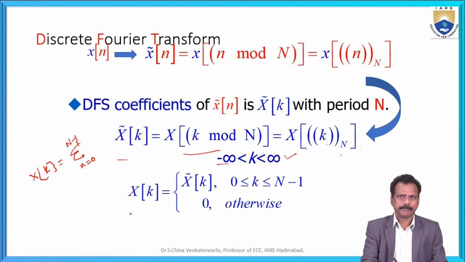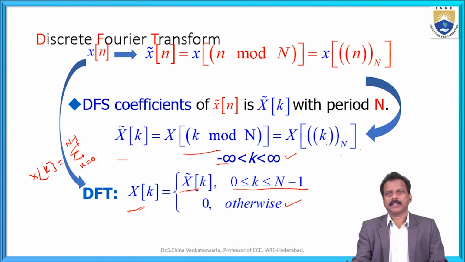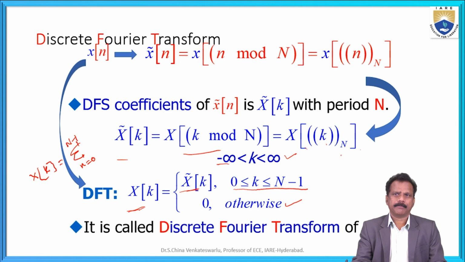X(k) is equal to X̃(k) over the interval 0 less than or equal to k less than or equal to N minus 1, and 0 otherwise. With this we consider the DFT, which is called the discrete Fourier transform of x(n).